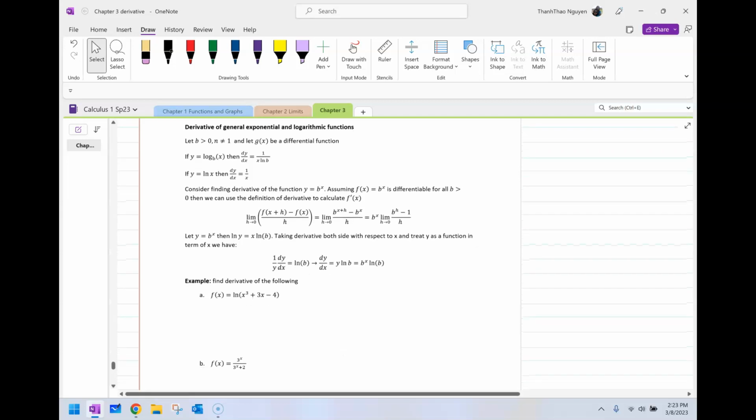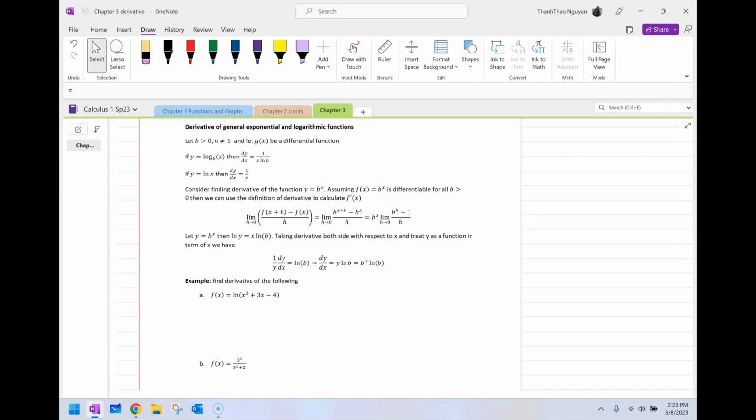Consider the derivative of the function y equal b to the x and assume that the function is differentiable for all b greater than 0. Then we can use the definition of the derivative to calculate f prime of x. When we use the definition, what you need to know is that the derivative of f of x equal b to the x is equal to b to the x times ln of b.